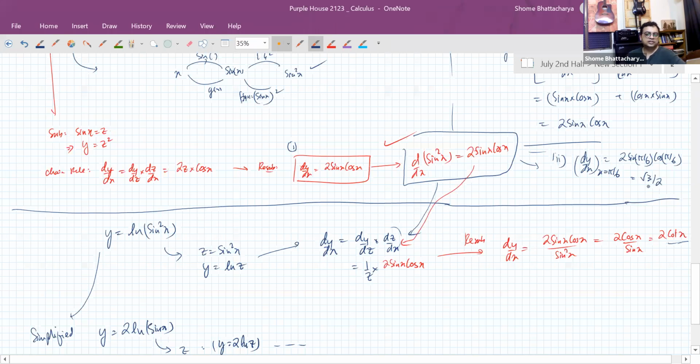Pi by 6 is the same as 30. So sine 30 is half and cos 30 is root 3 by 2.